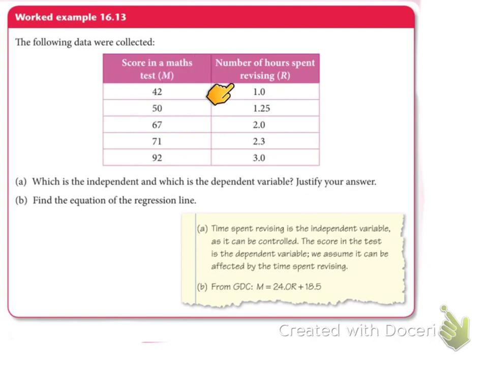Your score depends on those hours. So actually, I think they're kind of tricky here, they put them in the wrong order. So this is my independent, this is my dependent, which is your score. Your score will depend on that. And so they put this list with a big old switcheroo there.